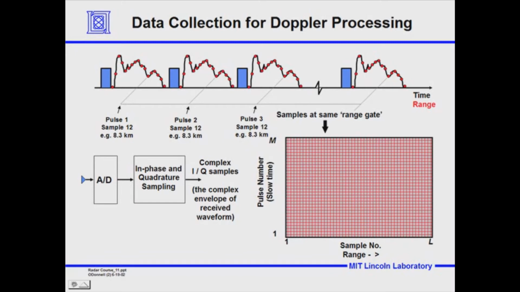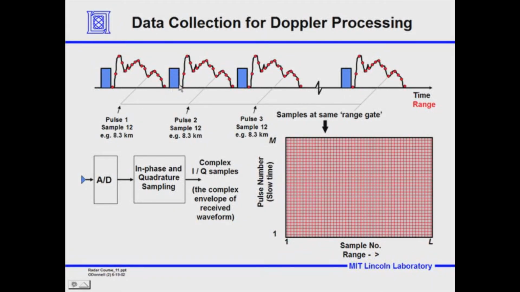And then we also are doing that for the quadrature sample, so we have, in fact, another matrix just like this, which mirrors it, one for the in-phase and one for the quadrature component. And so we fill up all the different L samples till we're all the way back down to here.